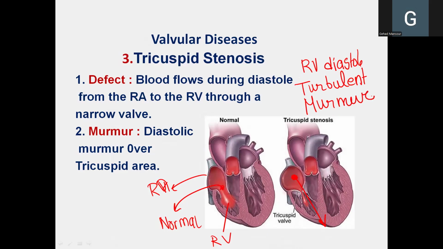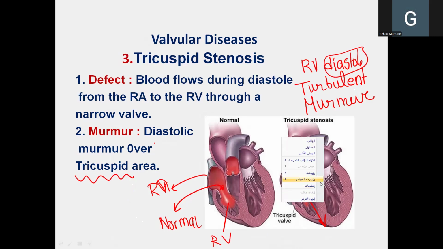And because the murmur, which is an abnormal sound superimposed on S1 and S2, occurs during diastole, it is a diastolic murmur. But this time, where can we best hear the diastolic murmur? We can best hear it over the tricuspid area, fifth intercostal space on the left sternal edge.